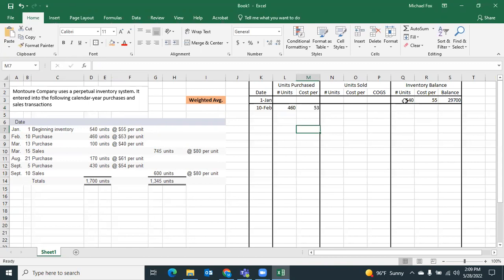To find our average cost at this point, we're going to say, all right, they already had 540 units at a cost of 55, and now they've purchased 460 units at a cost of 53. We can use the cost of these two, so I'm going to add these two up.